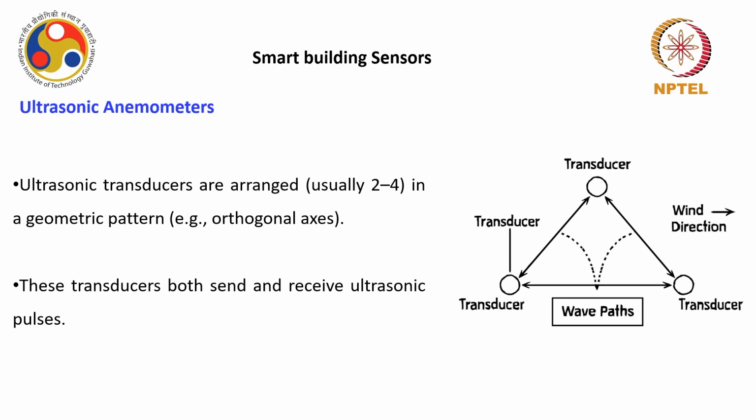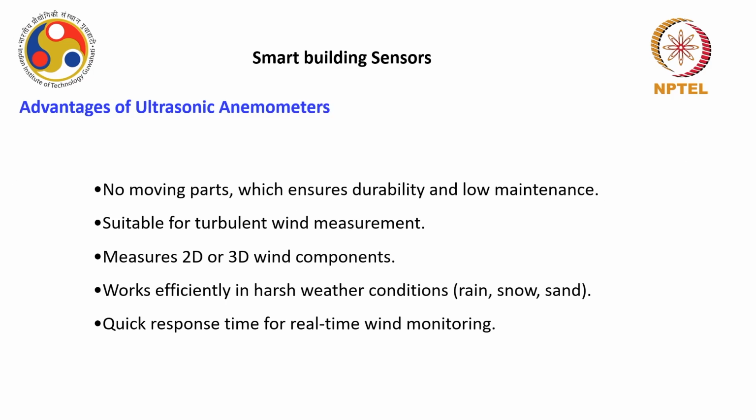These transducers can send and receive ultrasonic waves, very similar to the ultrasonic sensors that we have seen previously. The same transducer can send the ultrasonic sound, and the same can act as a receiver. The first and foremost advantage of ultrasonic anemometers is that you do not have any moving part, very similar to the vane anemometer where there were several moving parts.